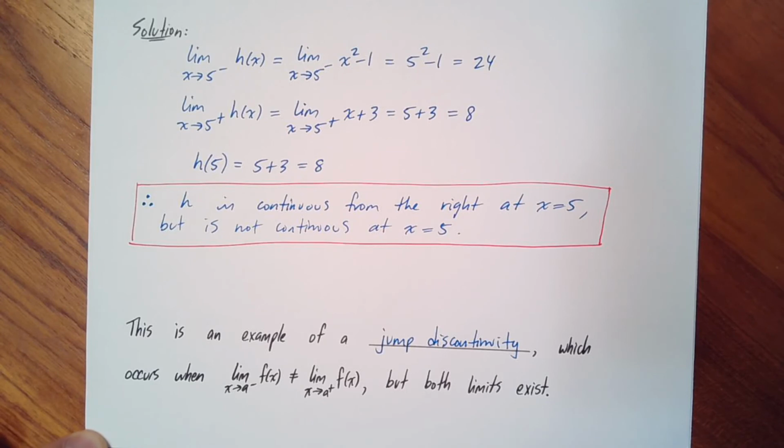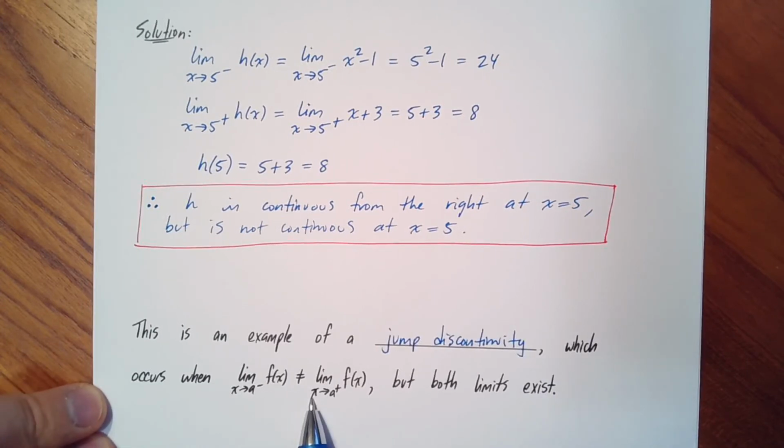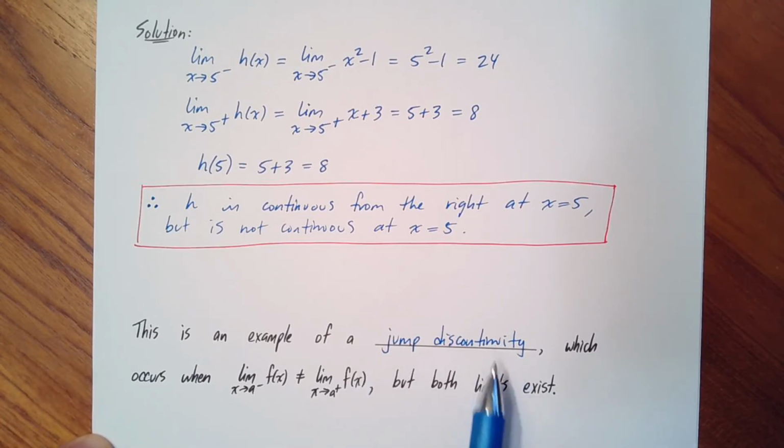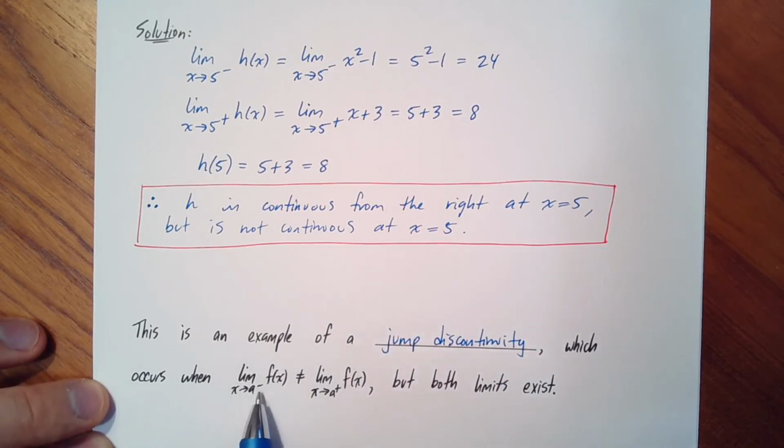So in other words, the two one-sided limits don't exist, or pardon me, don't agree, but they do both exist. So I said that wrong. Let me clarify. So a jump discontinuity occurs at a point x equals a when the two one-sided limits don't agree. But then this part afterwards says, but they do both exist.